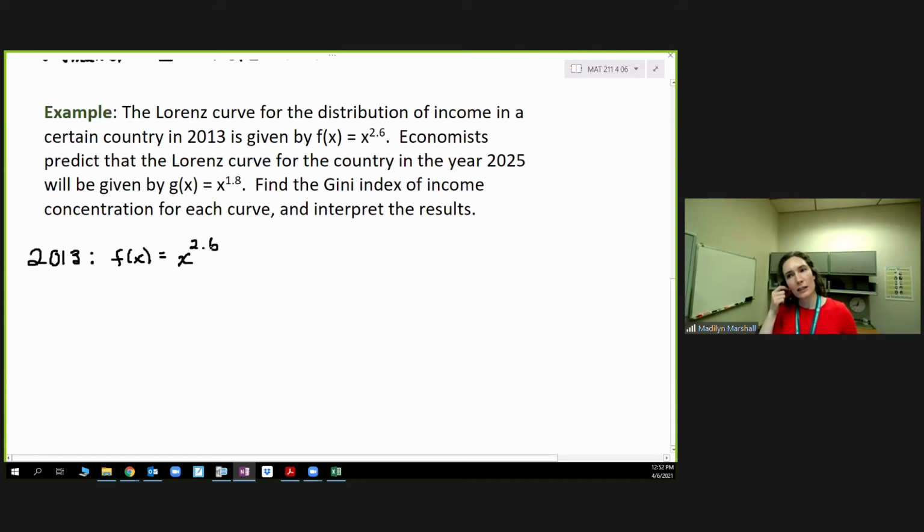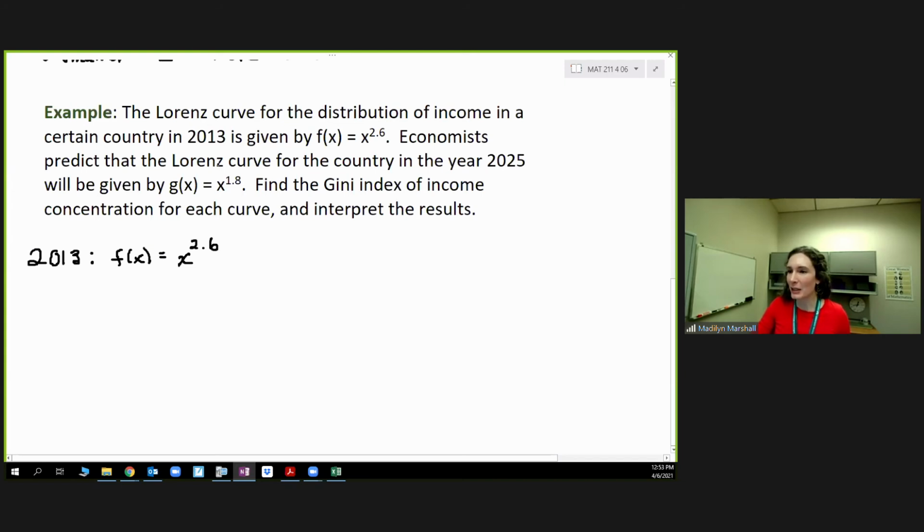So this is a lot of words for what we're looking for. But so we have this certain country, the Lorenz curve in 2013 is f of x equals x to the 2.6. So our Lorenz curves will generally be something a little bit weird looking like this, where we have x with a decimal exponent, which is just fine.